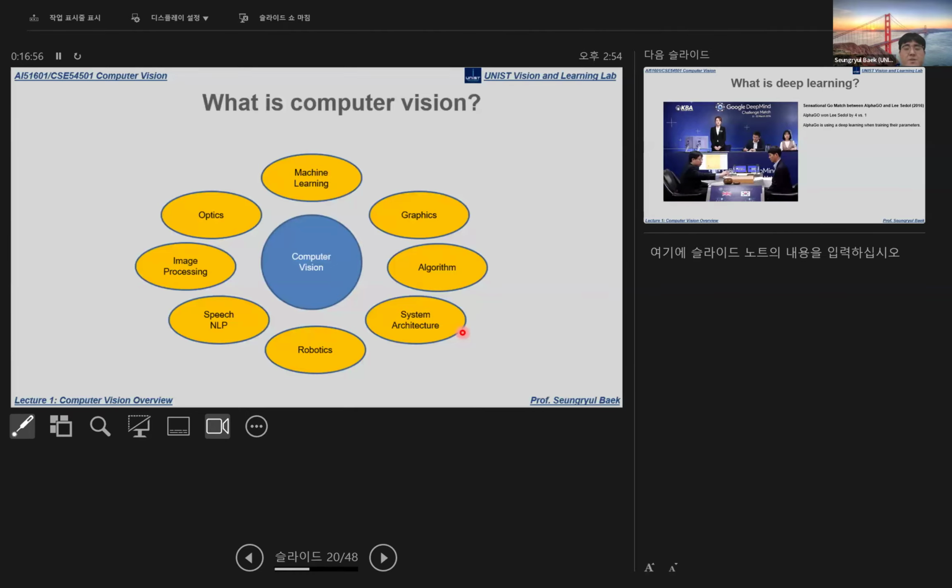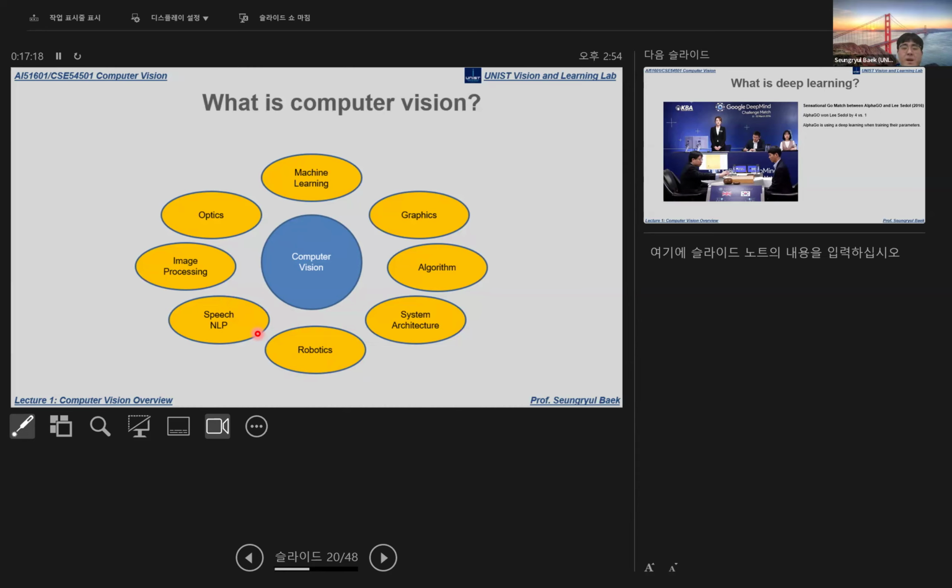And as I introduced, computer vision is responsible for making eyes for the robot. So it also has many intersections with robotics, and with other types of senses, speech and NLP, other modality signals.